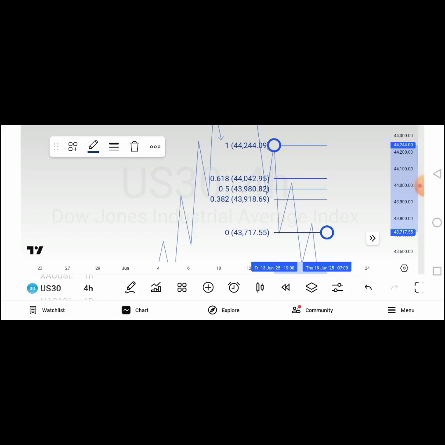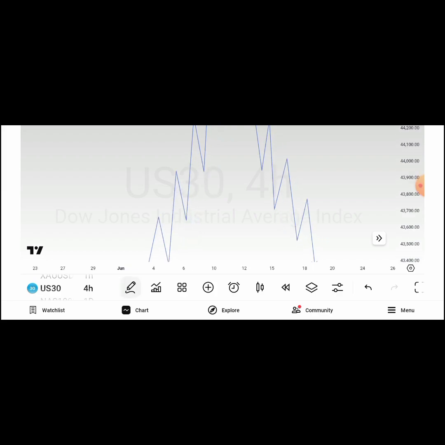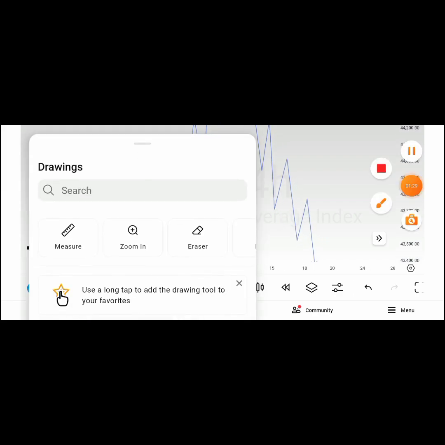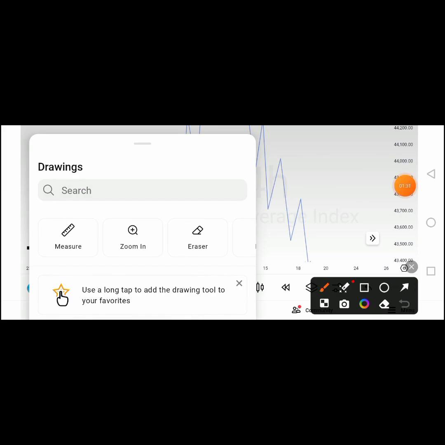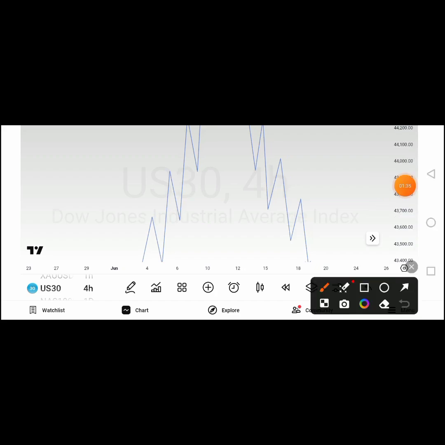So go ahead and play with Fibonacci in your chart. Let's try another one there. So when the price came down to this level, you want to know where it will stop, where it will retrace before we can sell down.